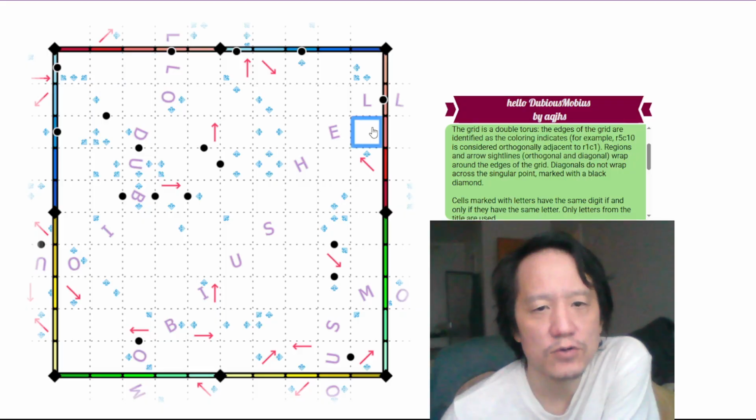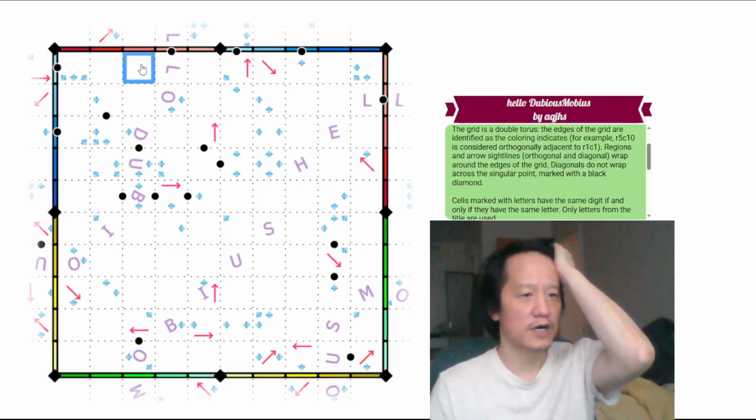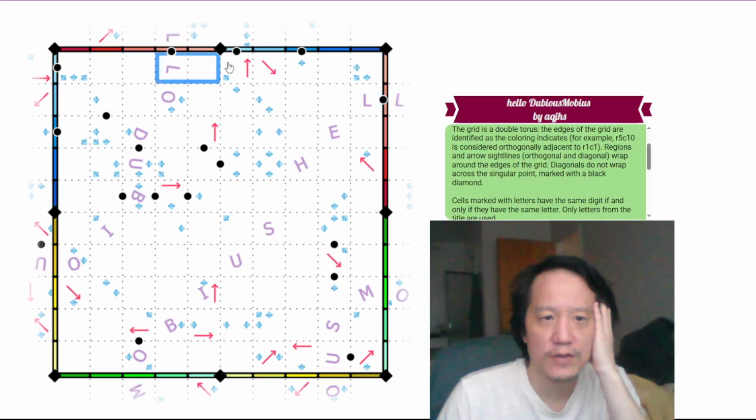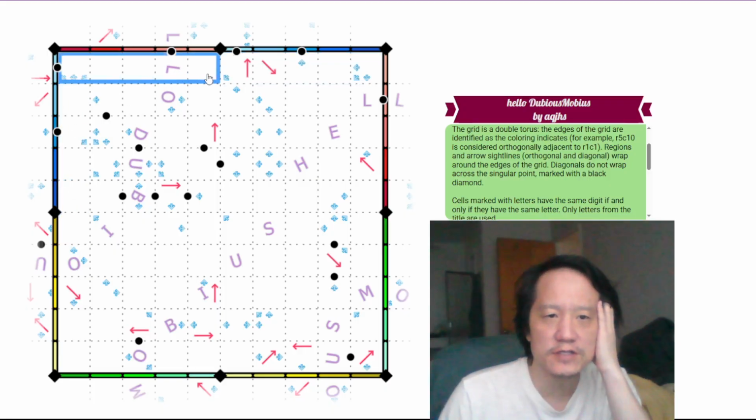And row 3, column 10 is adjacent to row 1, column 3. And it goes all the way here. This matches these. So these cells are orthogonally adjacent to these cells going up, right? So these match. We basically just match. These are essentially orthogonally adjacent.